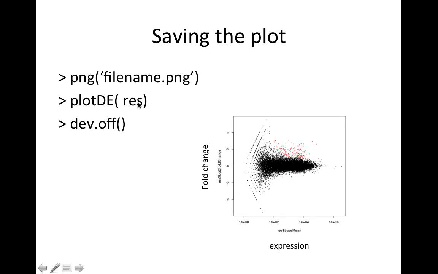This command will then plot using that function that you created a slide ago, but it needs to save it into your file. So since the PNG is considered a device, you tell it turn the device off, and by doing that, it will then save your plot into this file.